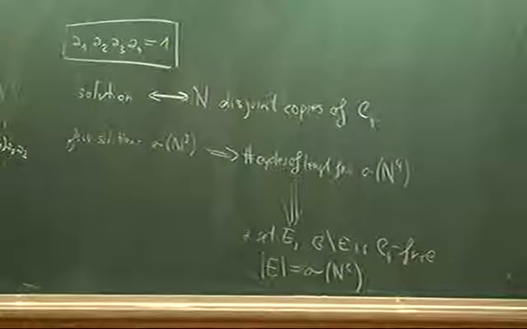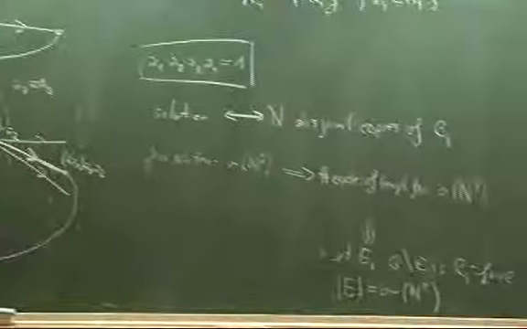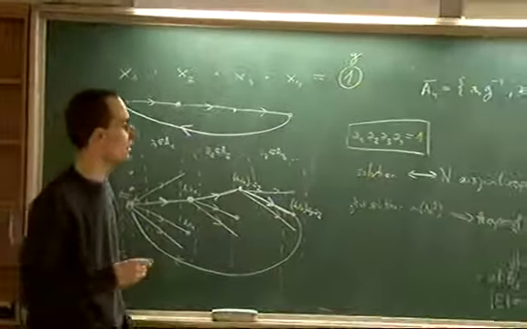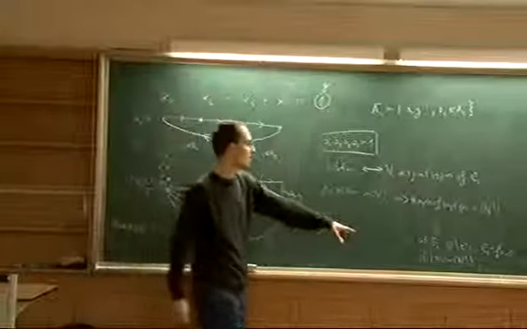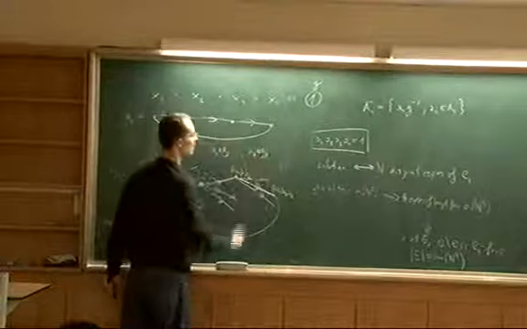So at first sight this doesn't seem like a win, because what I would like to do, when I saw it for the first time, is remove the elements corresponding to these edges E from the sets A1, A2, A3 and A4.